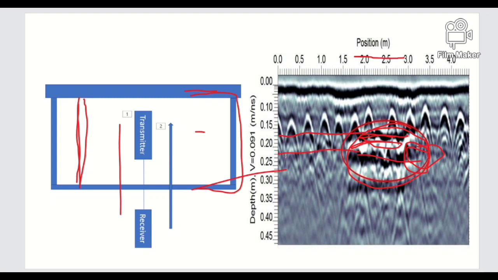So we can determine the height of the slab.